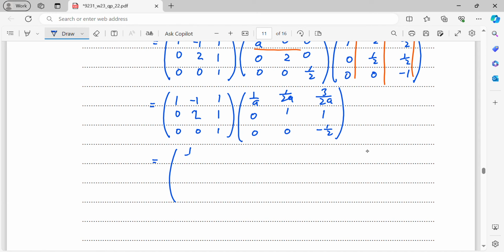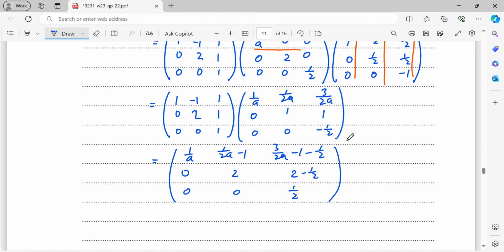You will be getting 1 over A, 1 over 2A minus 1, 3 over 2A, minus 1 minus half. And then here 0, 2, 2 minus half, 0, 0, half.